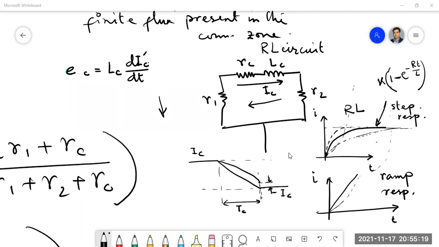Okay, understood? If there is a huge change in the current value, suppose 0 to 0.2 ampere, you will get some sort of sparking. If the value is quite high, 0 to 5 ampere or 0 to 15 ampere, then the spark will be quite large. Therefore the switch for 15 ampere is quite big compared to the 5 ampere switch, because every time you switch on and off there is a sparking.